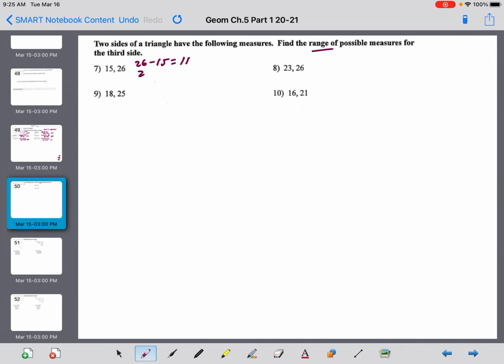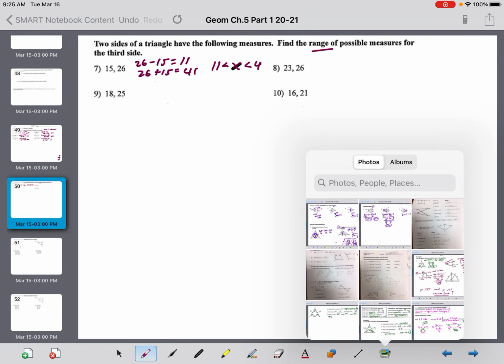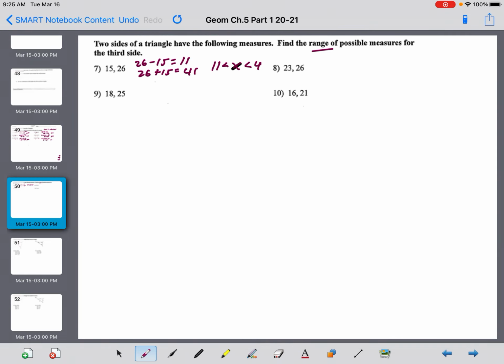So you could use the word between, but you can also write it with this double less than inequality situation. 11 is less than x is less than 41. So somewhere between 11 and 41. So you could use the word between if you wanted to. 11 and 41.